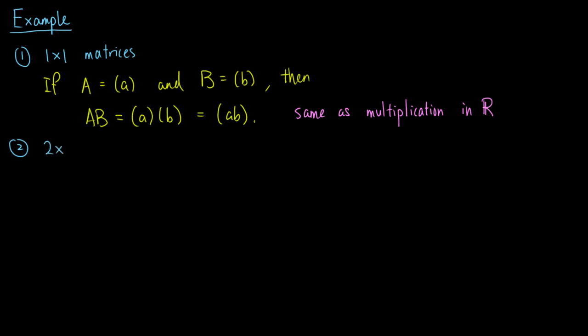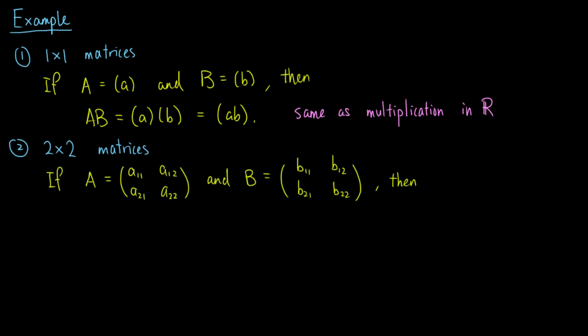For the second example, which is also the first genuine example, we have 2 by 2 matrices. So let's say A is the matrix A11, A12, A21, and A22, and B is the matrix B11, B12, B21, and B22. Then A times B is a 2 by 2 matrix, and its entries are as follows.